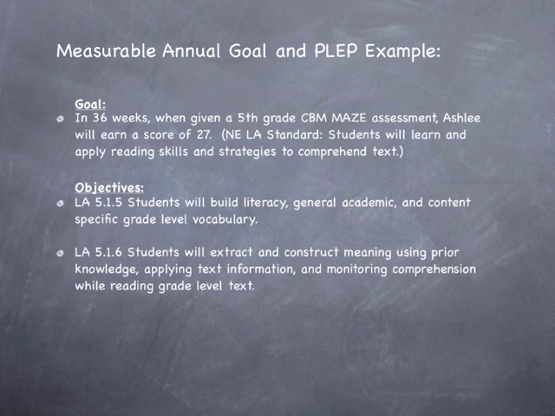And that would be students will build literacy, general academic, and context-specific grade level vocabulary, and students will extract and construct meaning using prior knowledge, applying text information, and monitoring comprehension while reading grade level text. Another way we can do this is by replacing the word students with the child's name, and then it makes it a little bit more personable for the child.